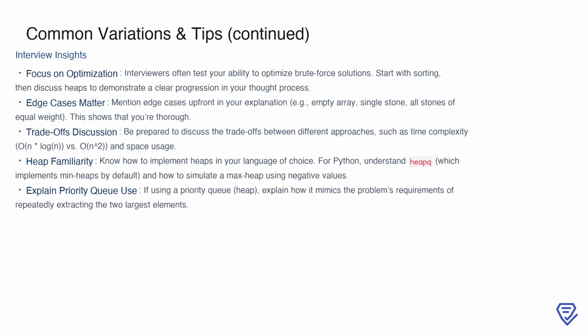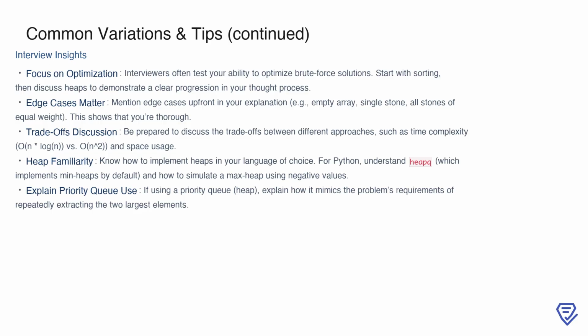In interviews, it's crucial to demonstrate a clear thought process and a focus on optimization. Start by discussing a brute force solution, such as sorting, and then explain how heaps provide a more efficient approach. Mentioning edge cases up front, like an empty array, a single stone, or all stones with the same weight, shows that you're thorough and attentive to detail. Be ready to discuss trade-offs, such as how heap-based solutions compare to sorting in terms of time and space complexity.